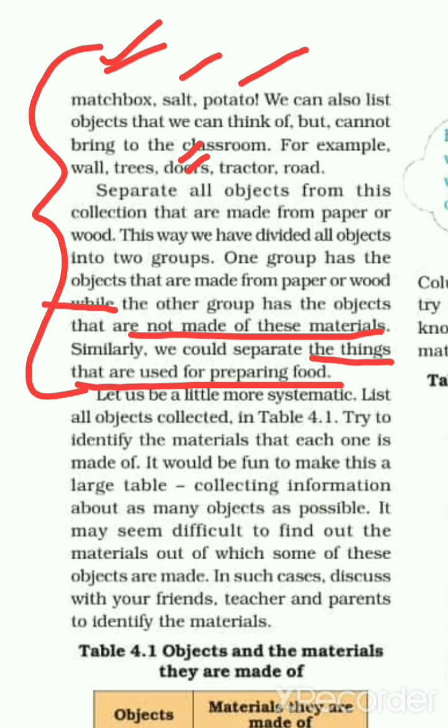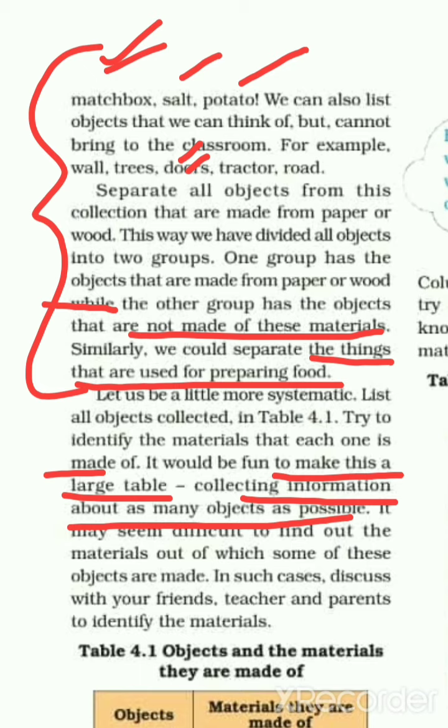Let's move further. Let us be a little more systematic. List all the objects collected in table 4.1. Try to identify the materials that each one is made of. It would be fun to make this a large table collecting information about as many objects as possible.